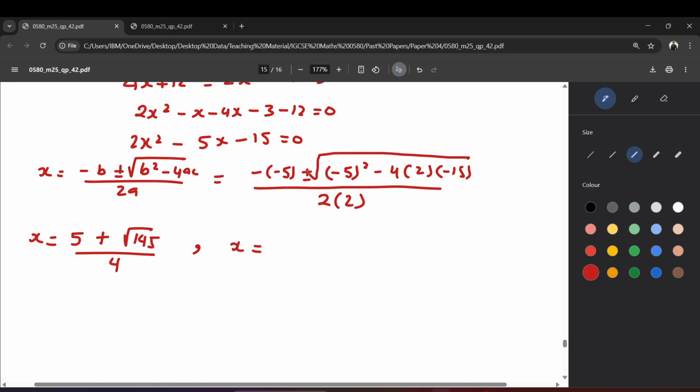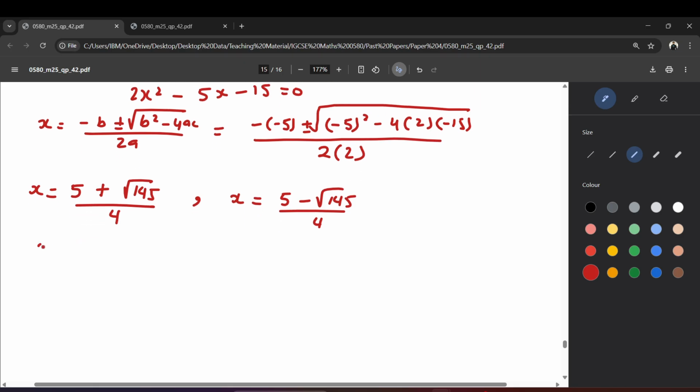The second solution would be 5 minus root 145 upon 4. Now I'm going to work out the values to two decimal places. 5 plus root 145 divided by 4 gives us 4.26. And 5 minus root 145 upon 4 gives us minus 1.76.